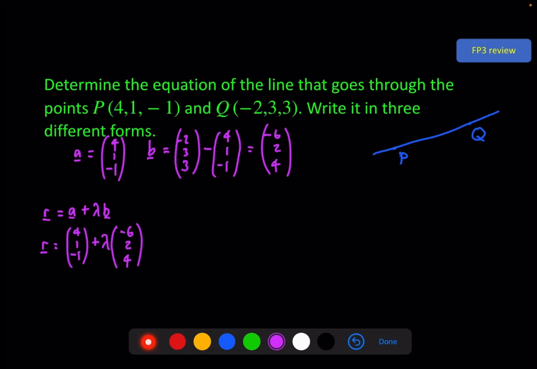Different form, we could do r cross b is equal to a cross b.